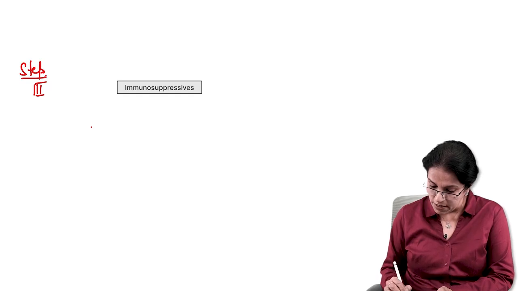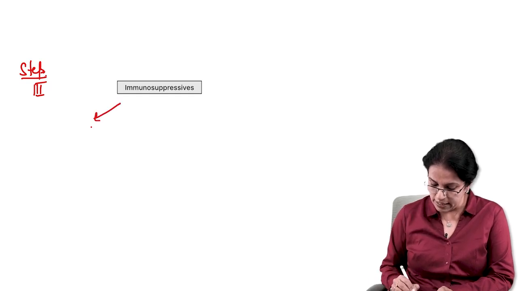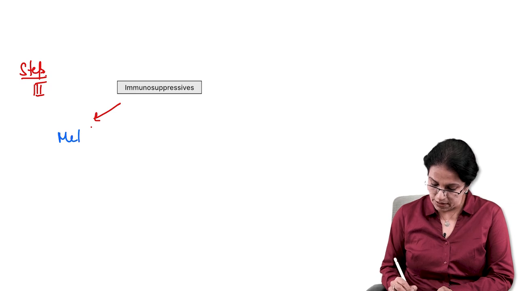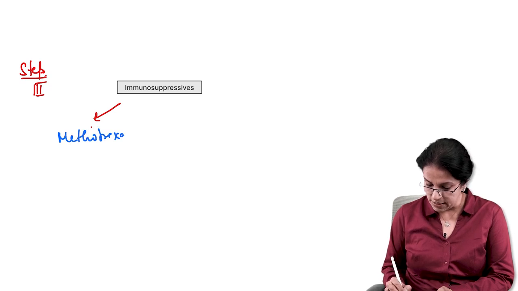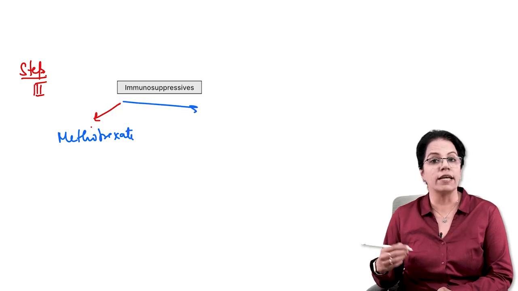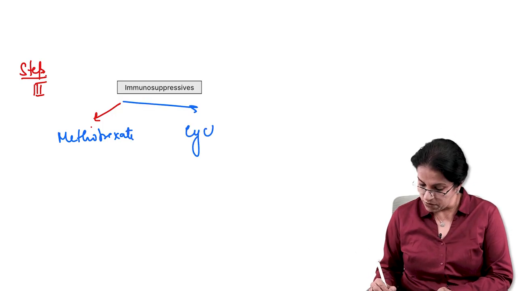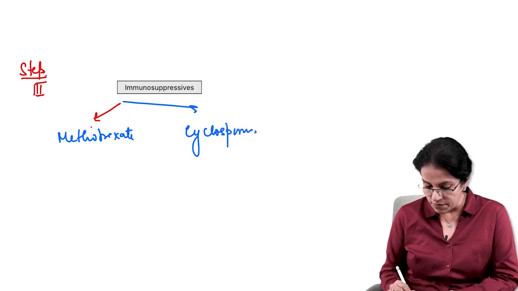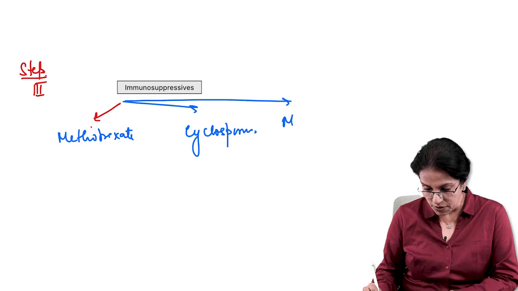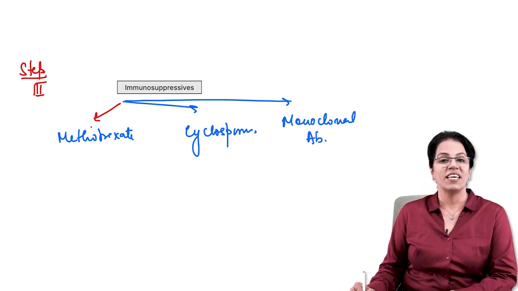Let's know the names. Either I go for methotrexate, or we can go for cyclosporines. And if both are not working, if needed, we can also go for monoclonal antibodies. These biological blockers may be given. Let's know the names.